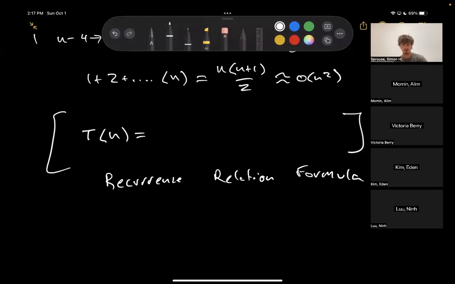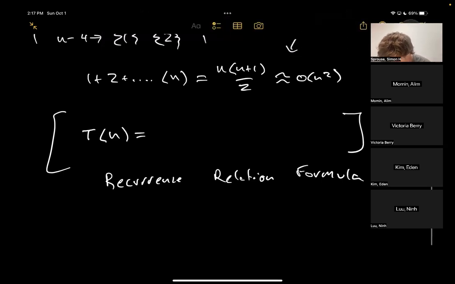I believe T is the computer science convention because it stands for time complexity. That's my guess, I don't know if it's right, but that's how you can think about it. So T of n is going to be equal to a times T of n over b plus, just for the sake of argument, O of 1.